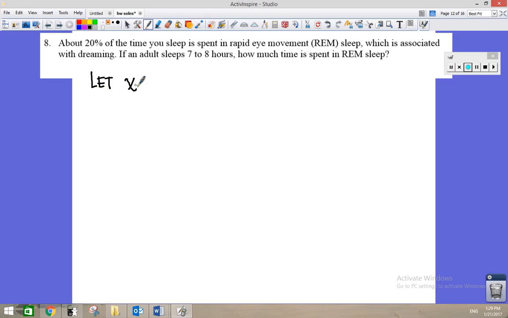I'm going to let X be the number of hours in this rapid eye movement sleep. So what I have to go with here is that an adult sleeps between 7 and 8 hours.